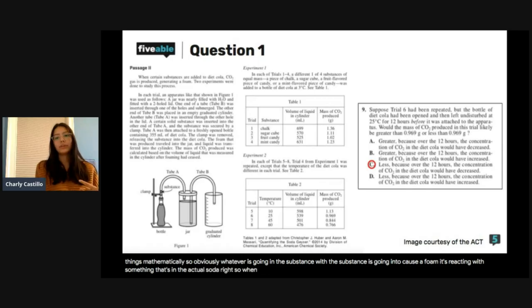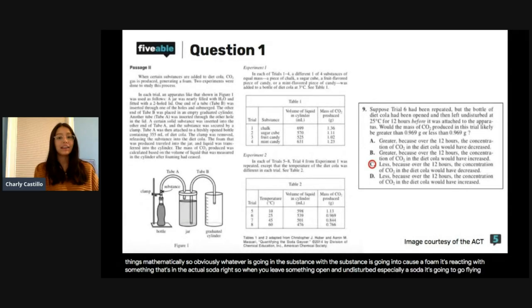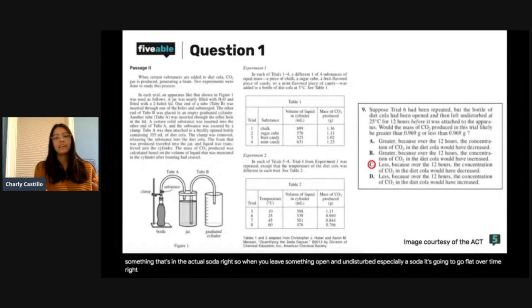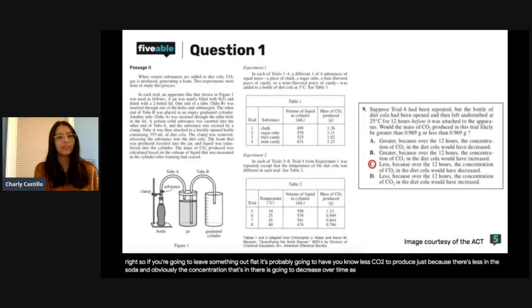So when you leave something open and undisturbed, especially a soda, it's going to go flat over time, right? So if you leave something out flat, it's probably going to have less CO2 produced just because there's less in the soda. And the concentration that's in there is going to decrease over time as you leave it out more. So that's just my way of thinking about it.